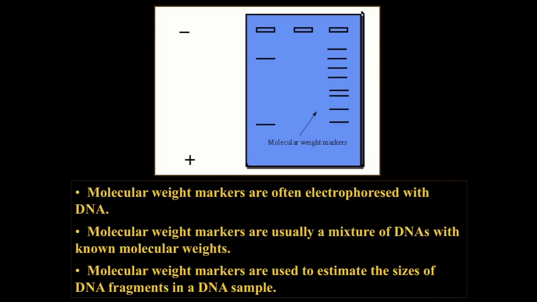And then, as I mentioned, these molecular weight markers, which can be purchased of known molecular weight, can be applied to one of the lanes as a standard, and you can compare directly the molecular weight size. So you can actually determine mathematically how many base pairs are associated with a given fragment of DNA by evaluating its migration against these known molecular weight standards. And this can be done highly accurately.